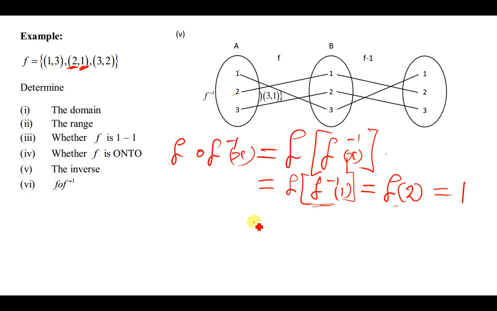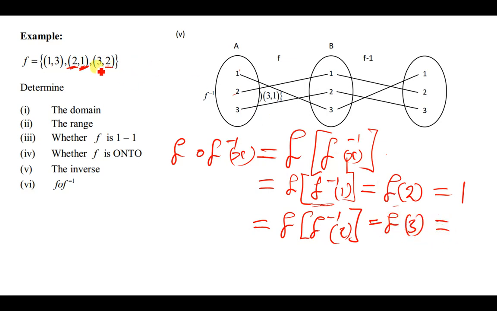So to find the other one, we say f of f inverse of 2. We put the domain there, which is 2. So f inverse of 2 will give me 3. Yes, it will give me 3. So I'll put 3 there.